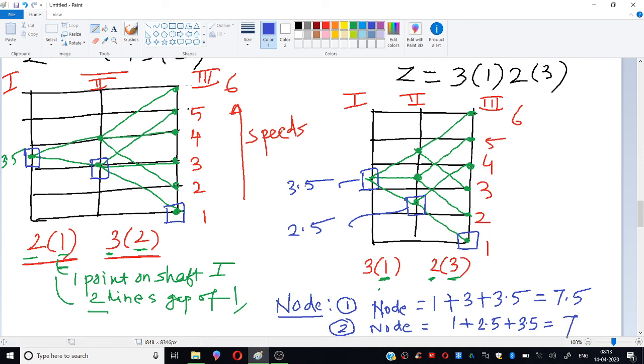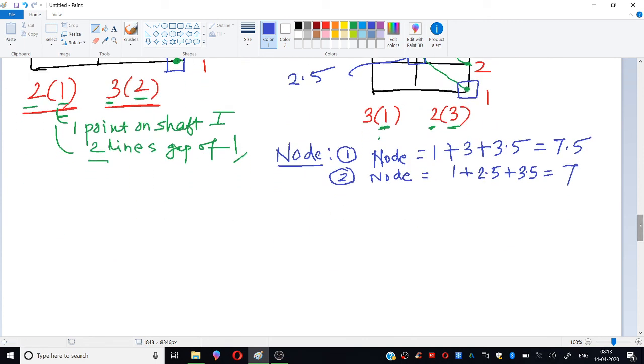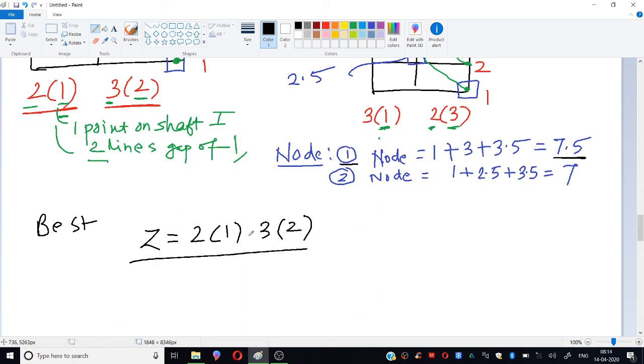So it is equal to 7. Now we are going to select the addition which is greater. In the first case we are having 7.5, and in the second case we are having 7. So we are going to select the first diagram. So the first diagram, the best structural formula is Z is equal to 2 in bracket 1 and 3 in bracket 2. So this is the most suitable and best formula for our problem.